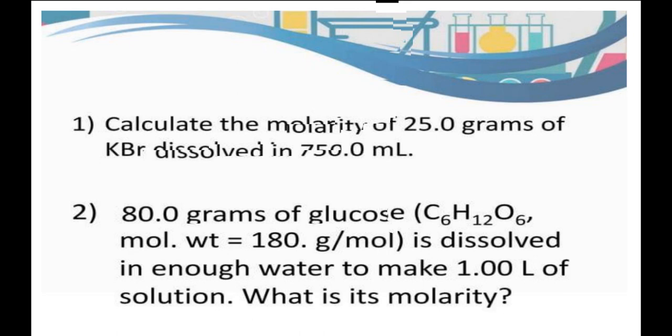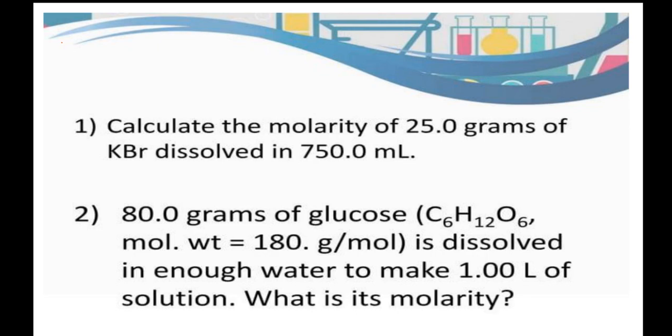So you add that, and the molar mass will be about 119.00 grams per mole. So this is the molar mass of this KBr. So we are going to say moles is equal to 25 divided by 119.00. So what are we going to get there?